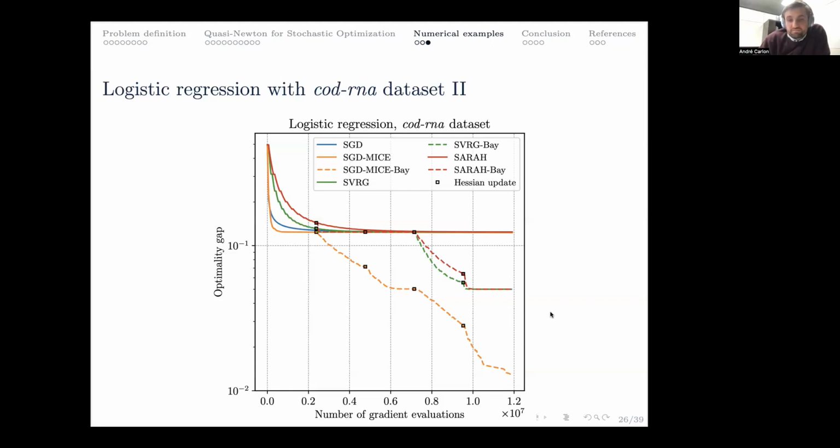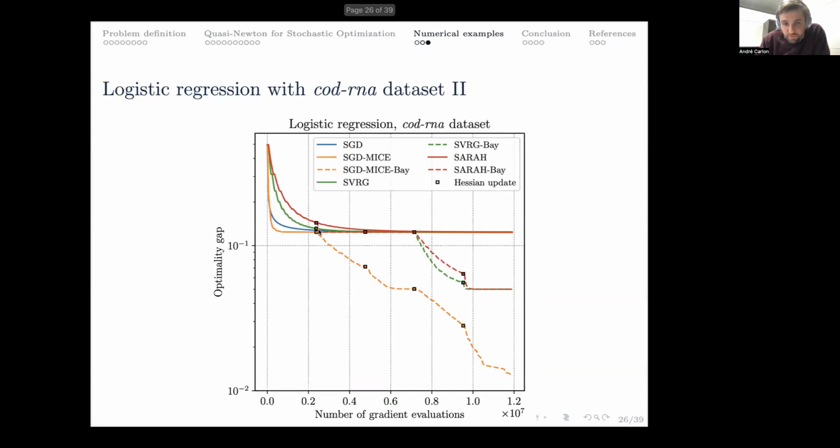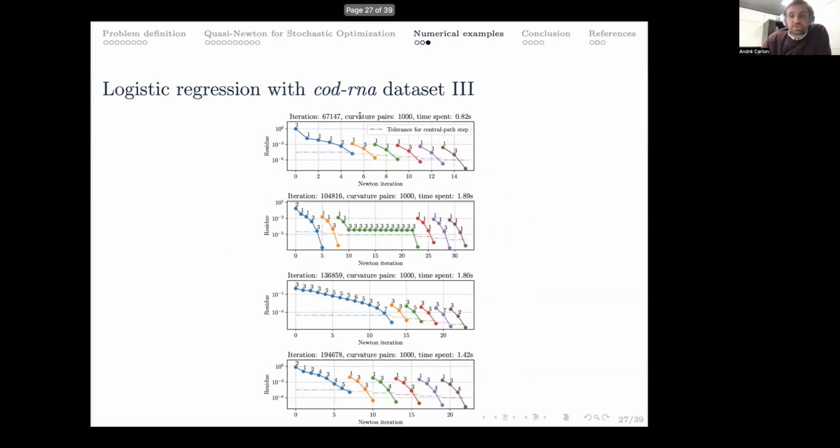Okay, now this is a bit of a complicated plot. Let me explain. Here I have the Newton iterations and the residuals for the 4 cases. Let me go back. We have 4 updates of SGD MICE. Here I am presenting the convergence of each of these updates happening on iterations 67,000, 147, and so on. In every case, the different colors are the different central path following approaches.